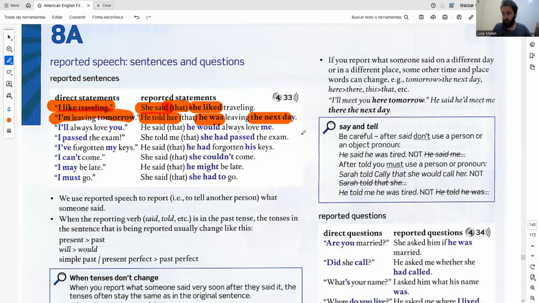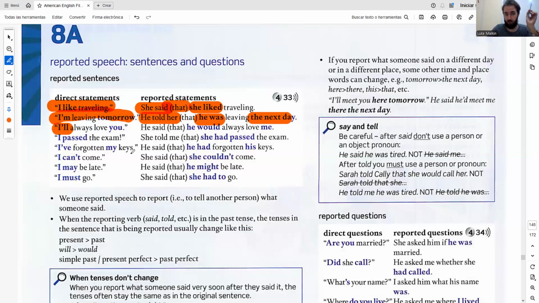And present continuous for him is now past continuous for us. And it's the same. The general rule is you step back into the past. Present to past. Present simple, past simple. Present continuous, past continuous.